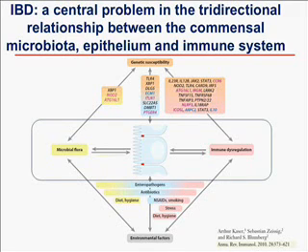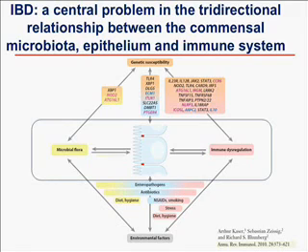And the problem of both of these disorders is the relationship between the microbial milieu, which we've heard a lot about, the intestinal epithelial cell, which is a single layer of cells that separates us from the outside world, estimated to be the size of a tennis court, that sits on a basal lamina, and abnormalities of the immune system. It's this abnormal tridirectional relationship which is the core of this problem.